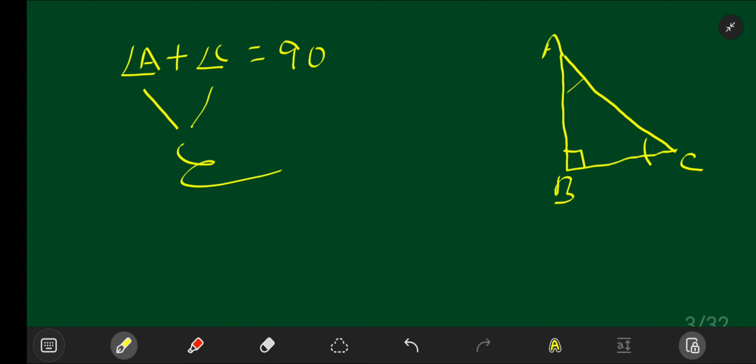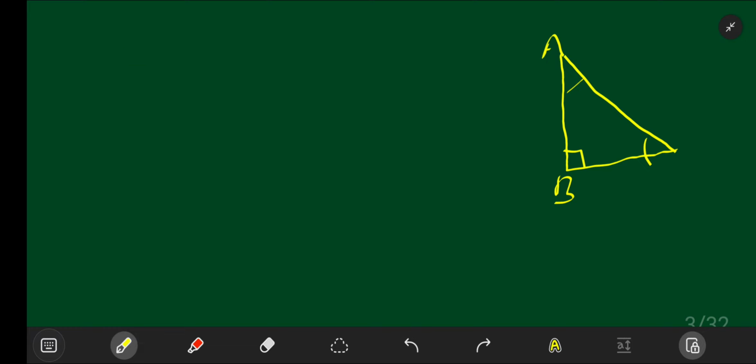This is the actual meaning of complementary angles: when the sum of two angles is equal to 90 degrees, the two angles are said to be complementary angles.